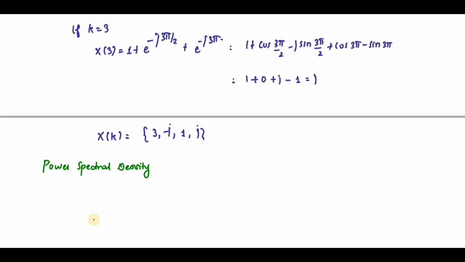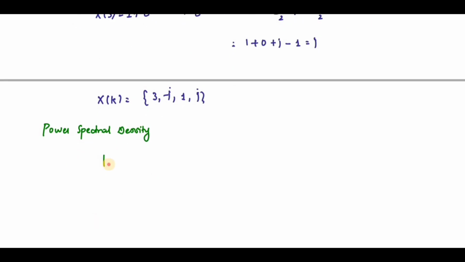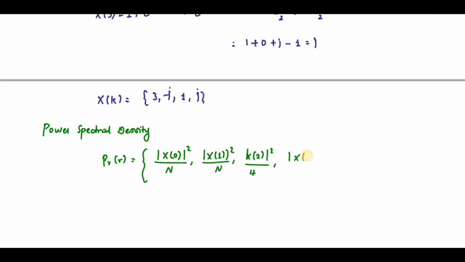So if they ask to find the power spectral density, what you should do is take the modulus of X of 0 and square it, then divide it by N. Then the same for X of 1, then X of 2, each divided by N. Here the N value is 4 since it is a 4-point DFT.